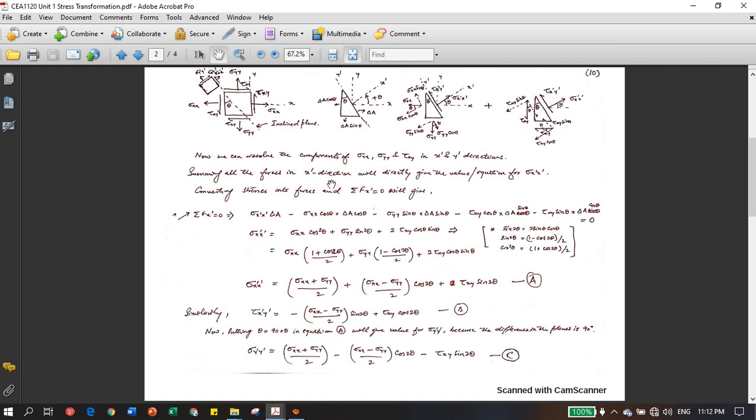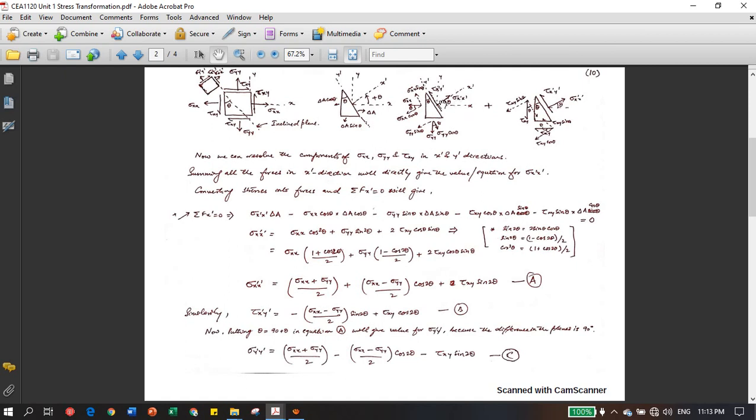Okay, now what we have to see is, when we are summing, first of all we have to change the stresses into forces, because we have to sum the forces now. So we multiply stress into area, and this becomes force.